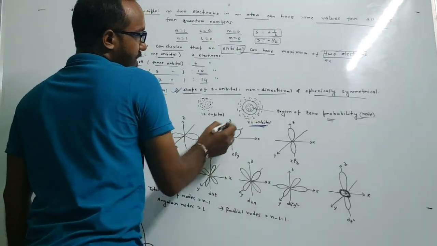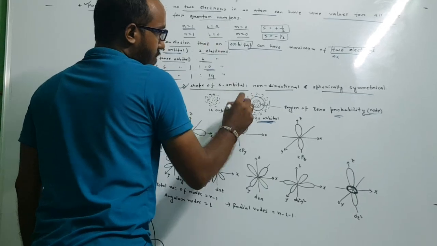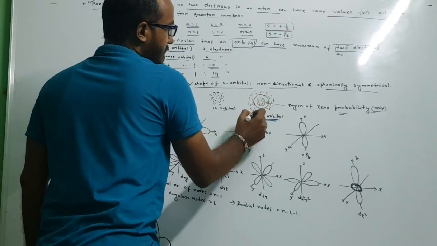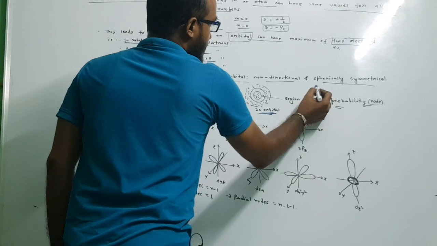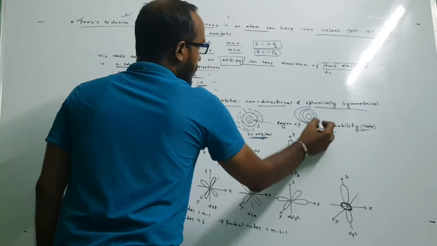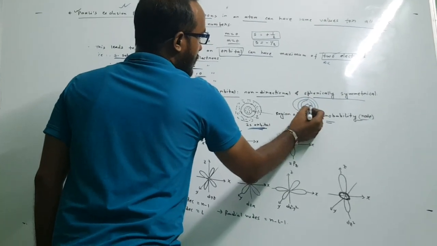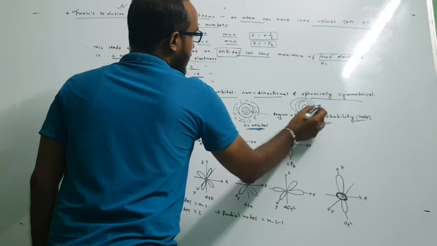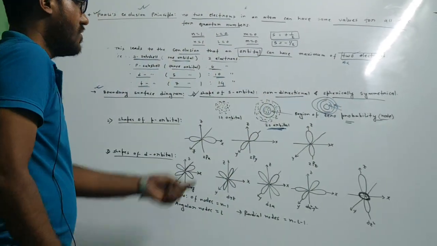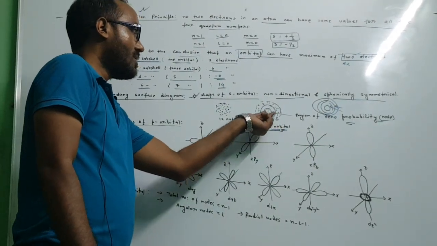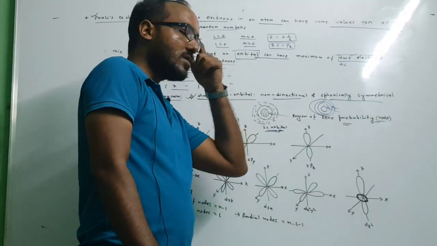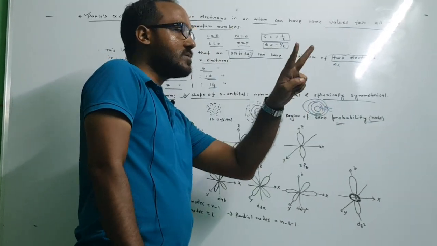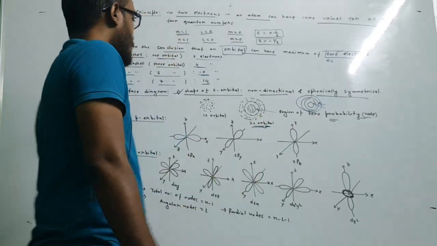So for the 2s orbital we have one node where no electron can be found, then again we find electron density. For the 3s orbital the structure will be something like this, and we will have two nodes where no electron would be found.